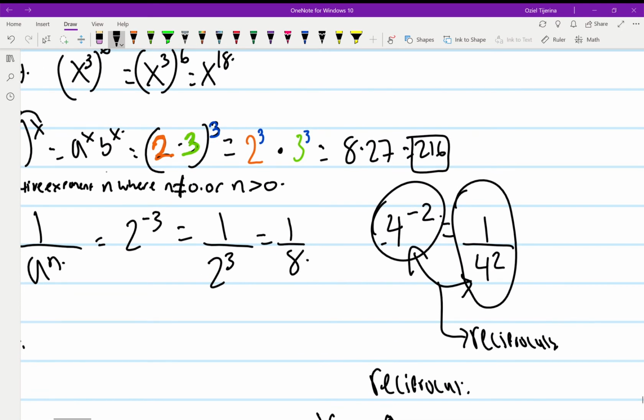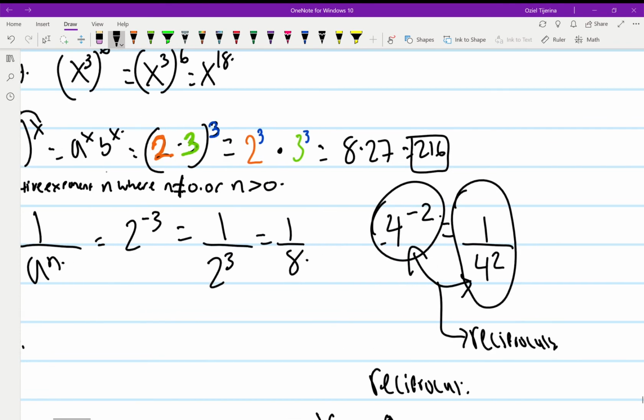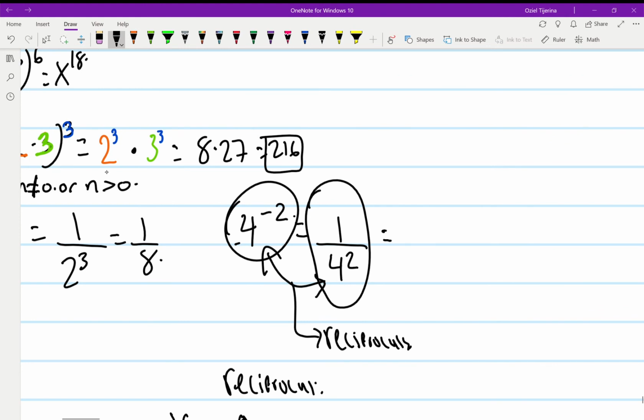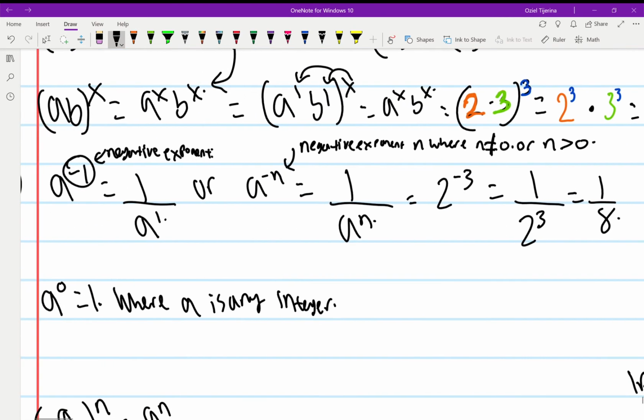So this one just says that it's 1 over 4 squared, so it's 1 over 16. It's the same thing that I did over here.